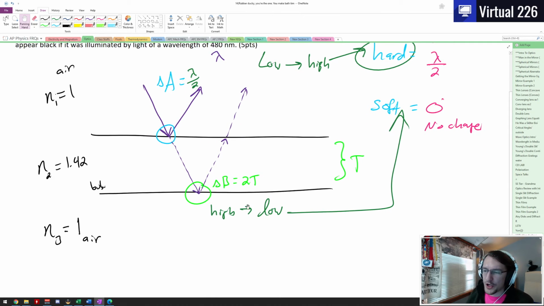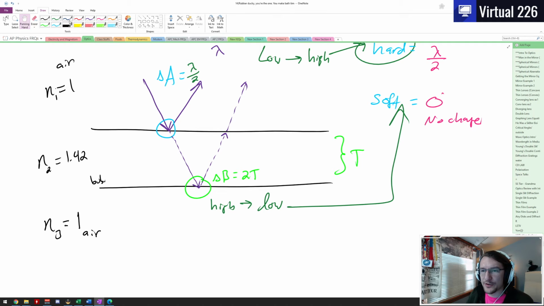So at this point, we've kind of drawn our picture. We've got good ideas of delta A, delta B. We just need to subtract them. So it's delta B minus delta A. We're just going to get 2t minus lambda over 2. And Ernie here is looking for a minima. He's looking to make a dark bubble. And we think about these thin films the same way we think about double slits.